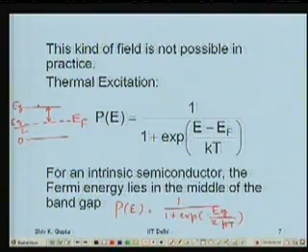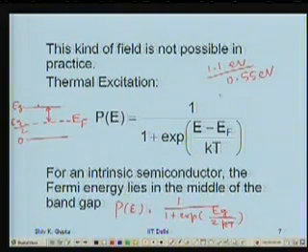Eg value, if I consider silicon, is 1.1 electron volt. Eg by 2 would be 0.55 electron volt, and kT at room temperature is 0.026 electron volt, right?